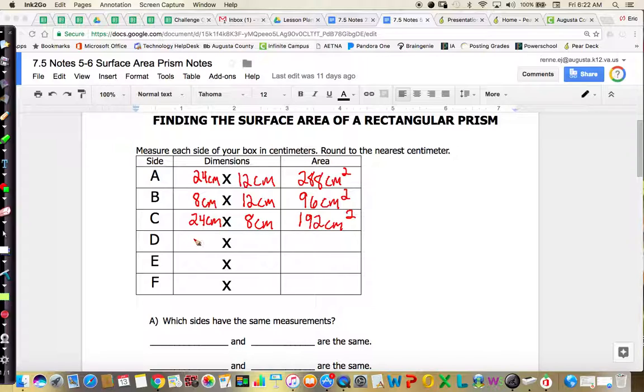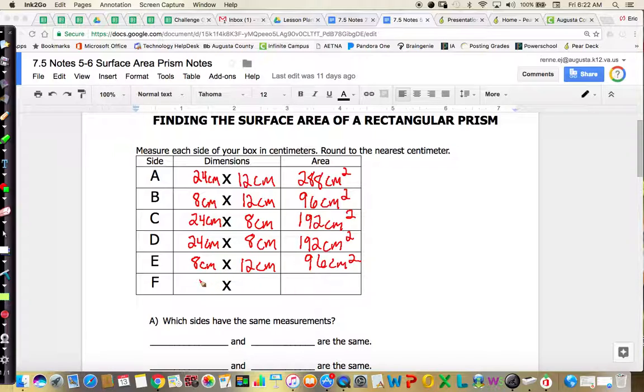So C ended up being the same as D. So it's 24 by 8, which of course gives you 192 centimeters squared again. And then E was the same as B, so 8 centimeters by 12 centimeters, and that gave us an area of 96 centimeters squared.